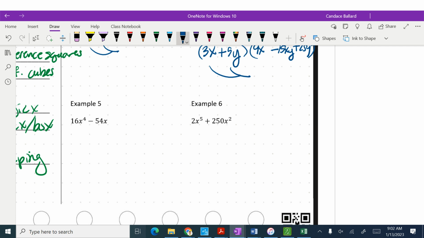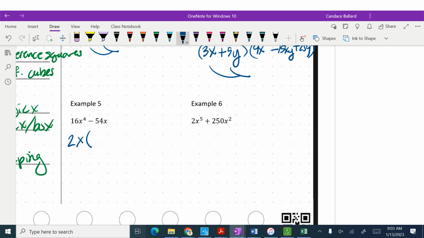Does 16 divide 54? I don't know if it does. Does 4 divide 54 or 2? 2 does, doesn't it? How many times does 2 go into 16? 8. Oh, not just 2. What else should I pull out besides a 2?